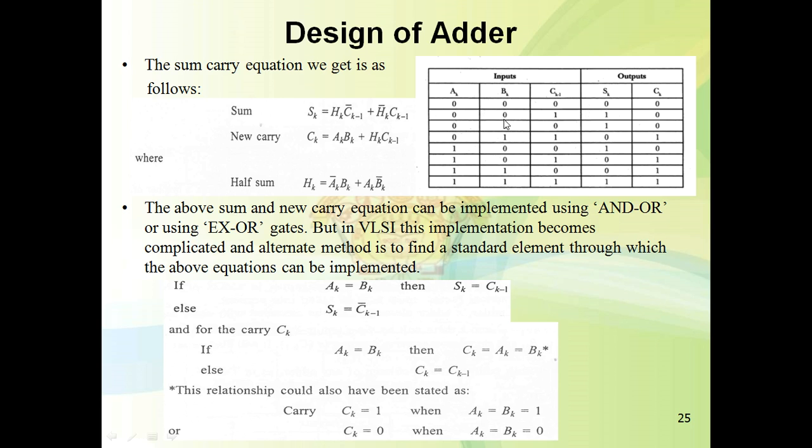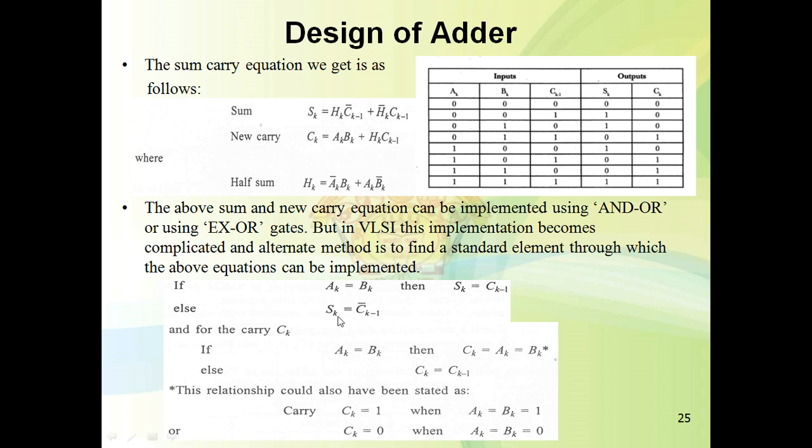Also here, ak is equal to bk for these last two rows, sum is equal to ck minus 1. So hence if ak is equal to bk, then sum sk is equal to ck minus 1.